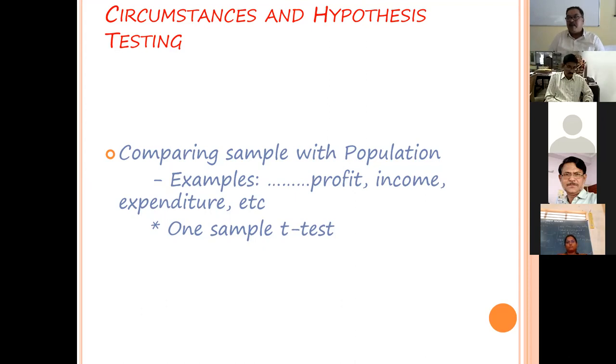We have some sample observations. In our example, the background districts, the weight of newly born babies. We have only sample observations, and we also have a national average. The national average was 3 kilo, and the sample observation is different from the national average. So that is the case. We have a sample, and there is a national average. That is the situation.